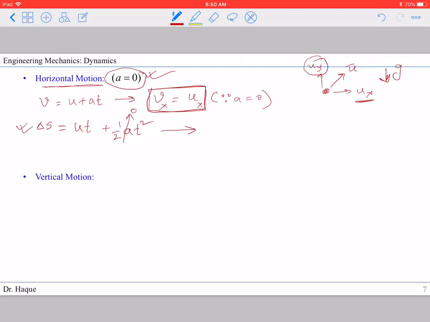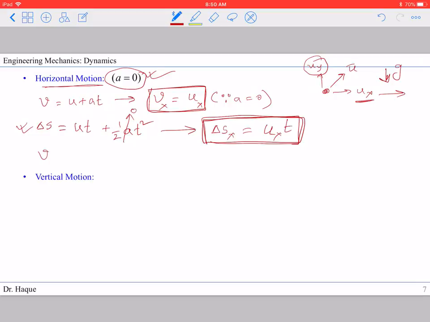So delta s, the change in position in the x direction, has no y direction, only x. Delta x is again only the initial velocity component ux multiplied by time. So the displacement in the x direction will be the initial velocity multiplied by the time it traveled.